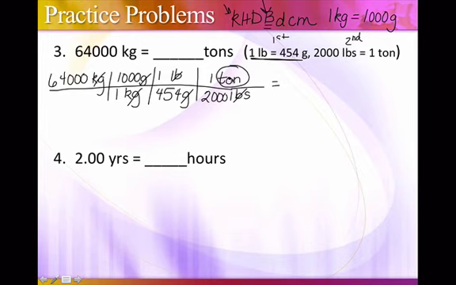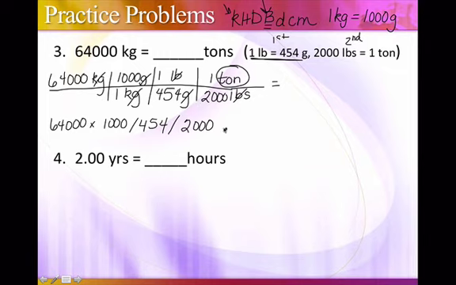So all I have to do is plug this into your calculator. Now when you're plugging this in, it'll be 64,000 times 1,000 times 1 times 1, so I'm not going to do those. And then we have to divide by everything on the bottom. So 454 divided by 2,000. You need to put that divide sign in front of everything that's on the bottom.